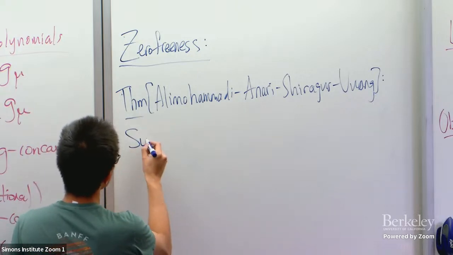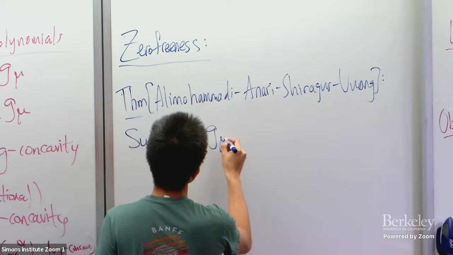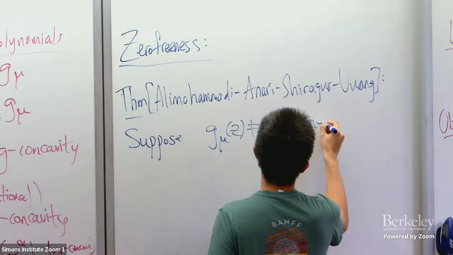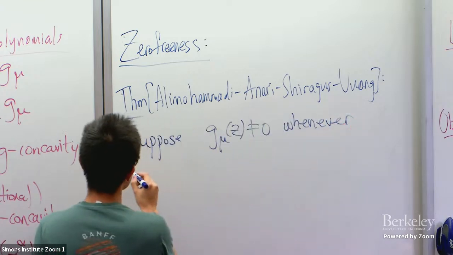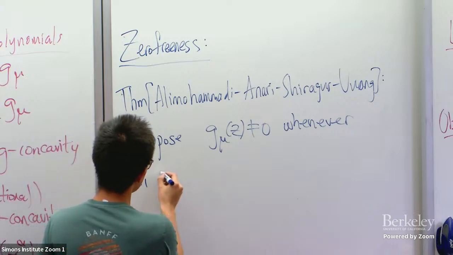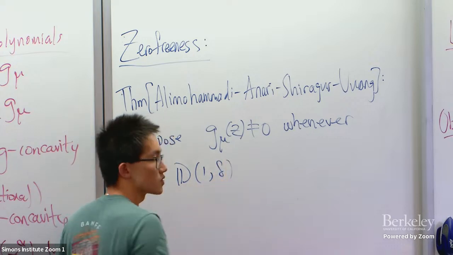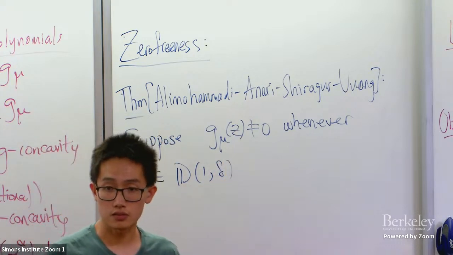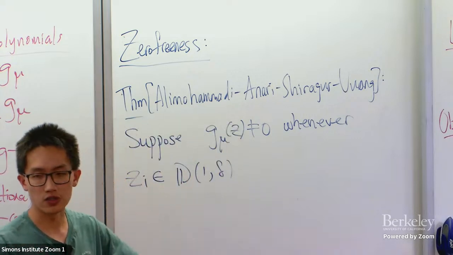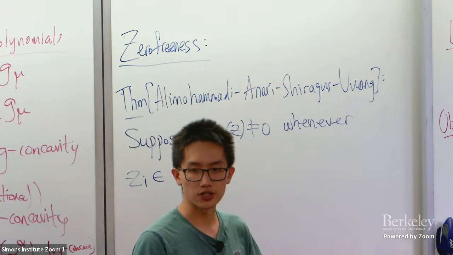Suppose u of z is non-zero whenever, let me just focus on the all-ones point, the z_i are in a small ball of radius delta around 1. Delta here is a small constant, but it's certainly much smaller than doing it for the entire half plane like we saw earlier.